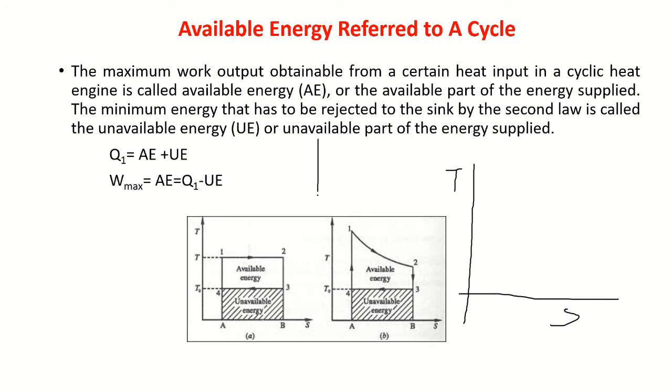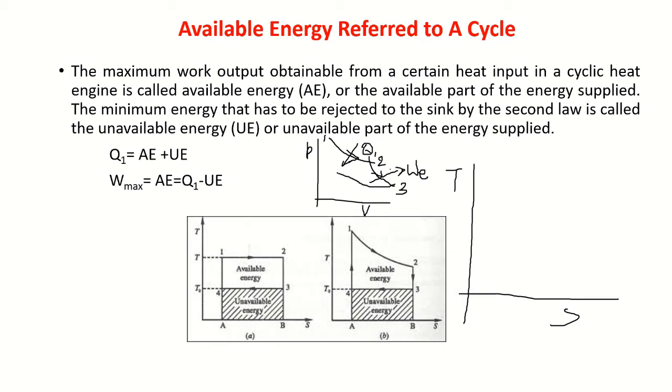On a PV diagram, if you draw the Carnot cycle, let us say 1 to 2 is reversible isothermal expansion during which heat is added. 2 to 3 is reversible adiabatic expansion. You will get the work, but no heat interaction.